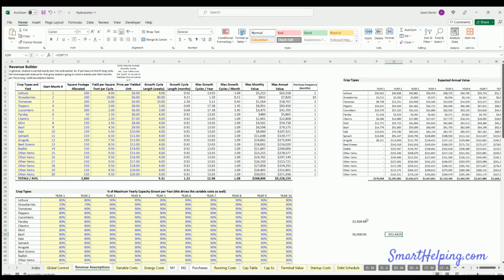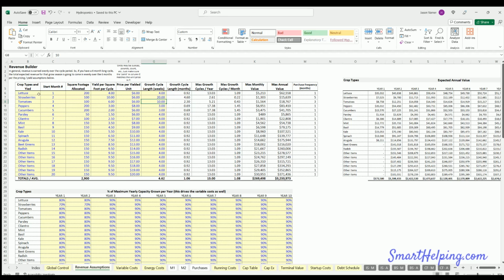So there's your 651, which is this. So this is rounded to 652. Ignore this 3,000. I don't know what I was doing there. But that's how the math works. So that's how we're getting 651 in that case. Let's put this back to 20.